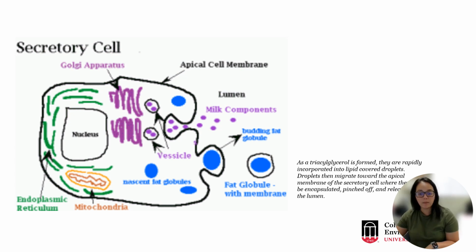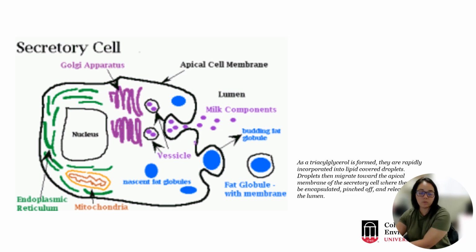So as a triacylglycerol is formed, they are rapidly incorporated into lipid-covered droplets, which is what these little blue droplets are. The droplets then migrate towards the membrane of the secretory cells, where they'll be encapsulated, pinched off, and released into the lumen.